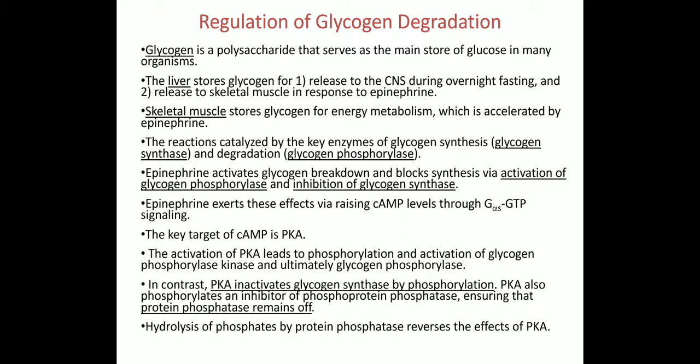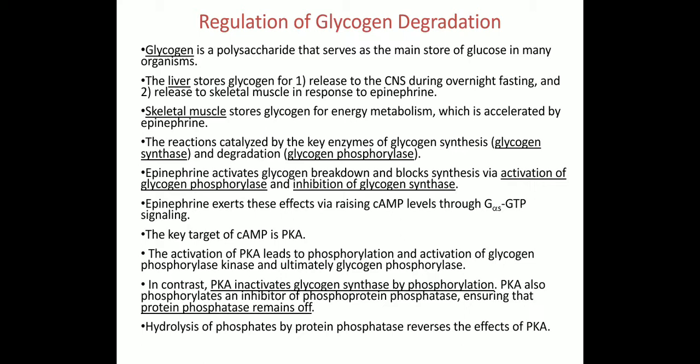In the regulation, glucose 1 phosphate converts into glucose 6 phosphate, while this glucose 6 phosphate hydrolyzes to glucose, which is exported from these cells by a glucose transporter in the plasma membrane.